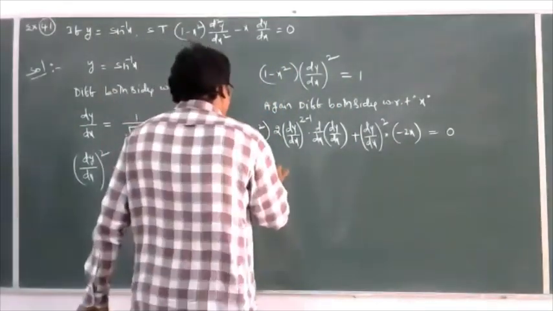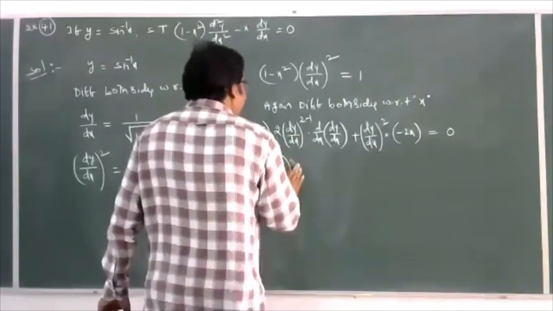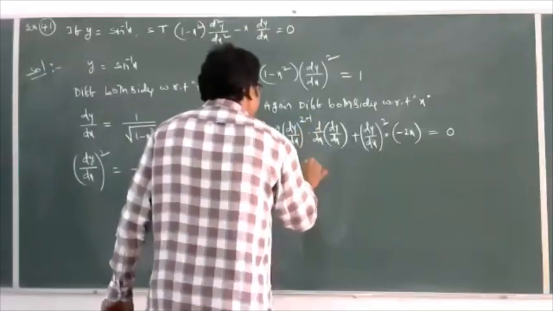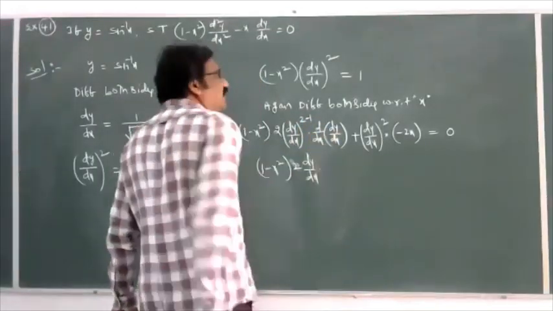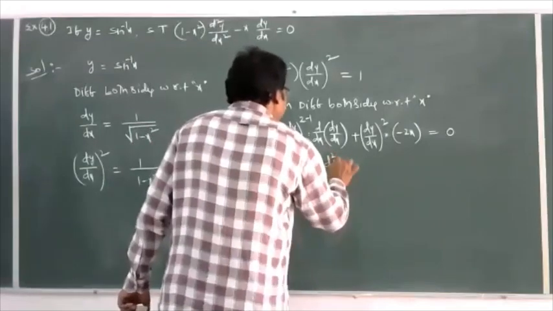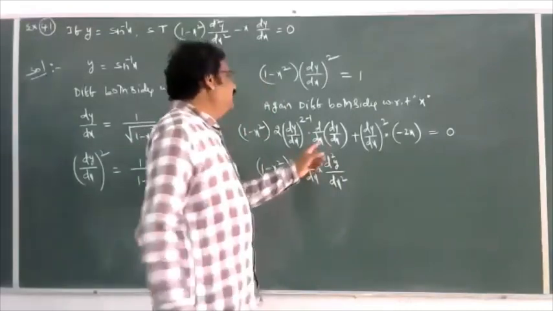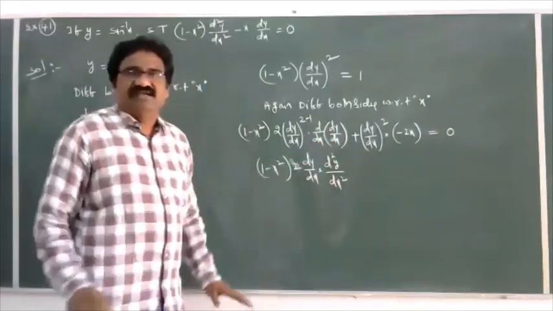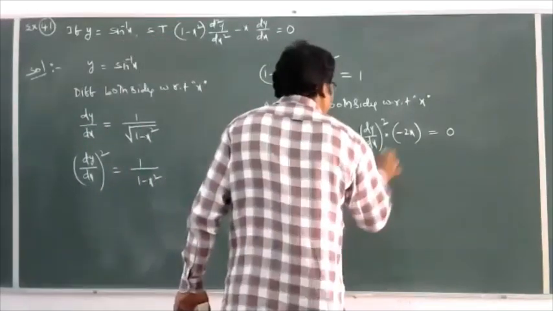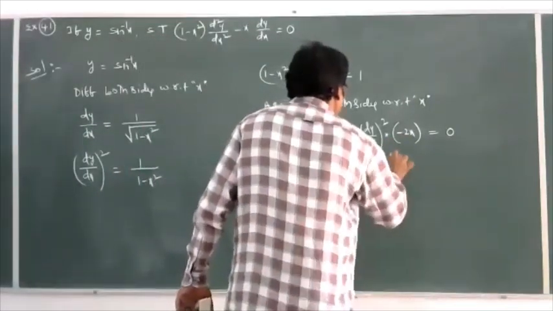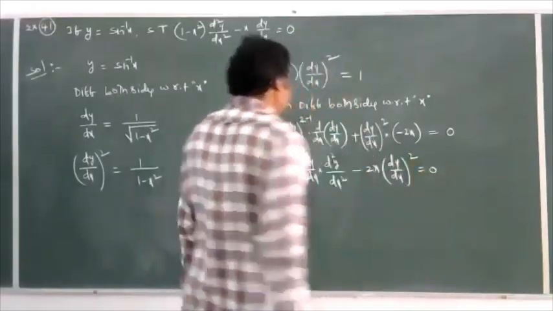Here you get 1 minus x square into 2 into dy by dx whole power 2 minus 1 means dy by dx into d by dx of dy by dx, which is the second derivative, that is d square y by dx square, plus minus 2x into dy by dx whole square is equal to 0.